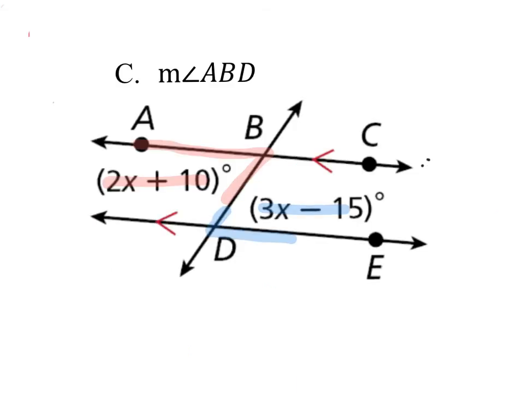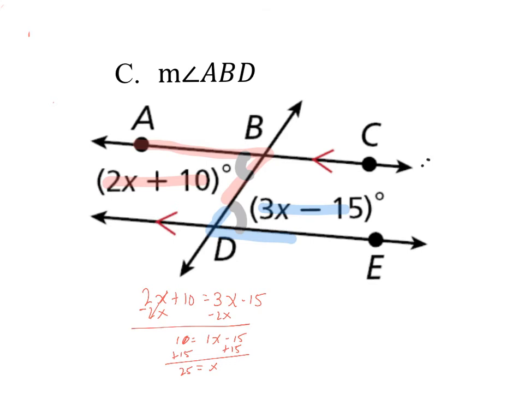For this one, I've highlighted the angles and the angle measure so you can actually tell what it's pointing to here. So we're looking for the measure of angle ABD. Well, these are both alternate interior angles, and when you have parallel lines cut by a transversal, the alternate interior angles are congruent. So I set up 2x plus 10 equal to 3x minus 15, and then I subtract 2x from both sides. 10 equals 1x minus 15, add 15 to both sides, and I get that 1x equals 25.